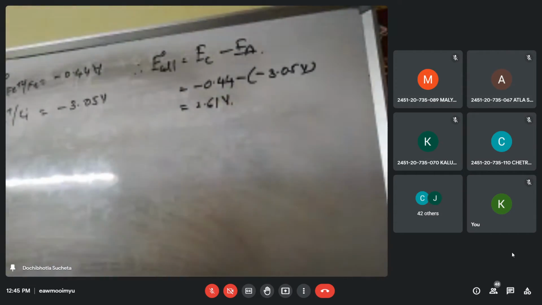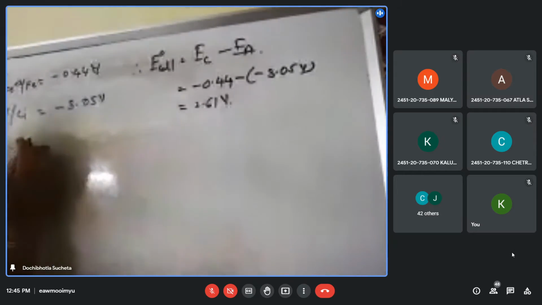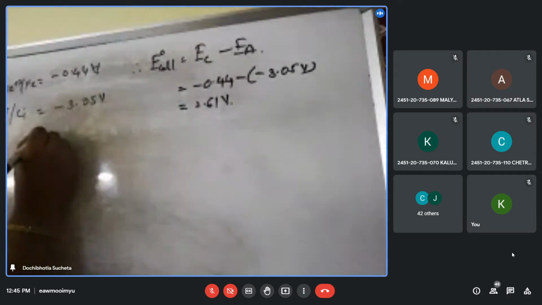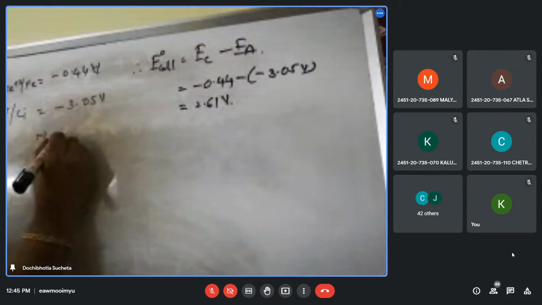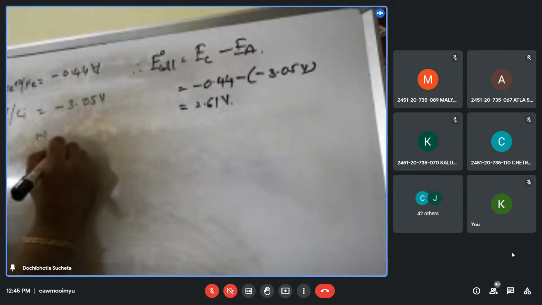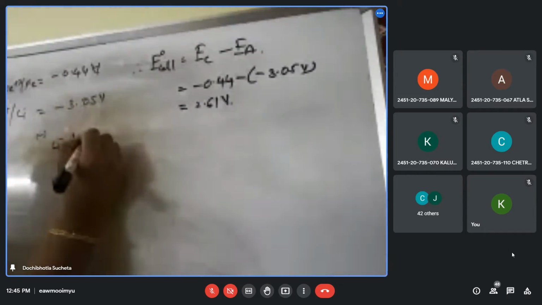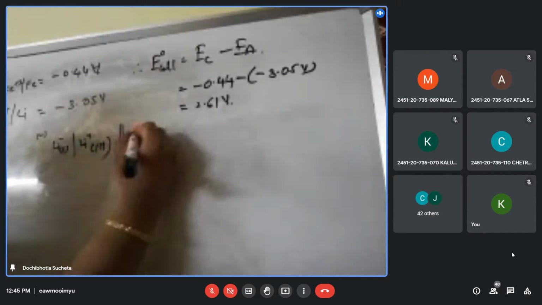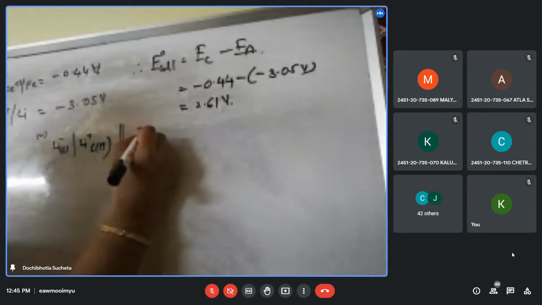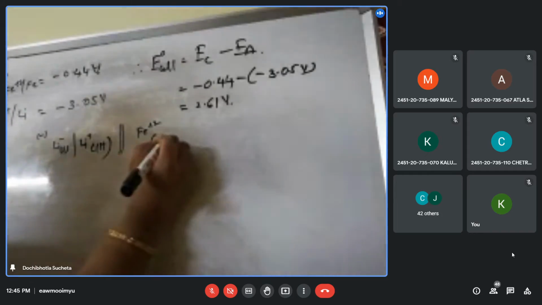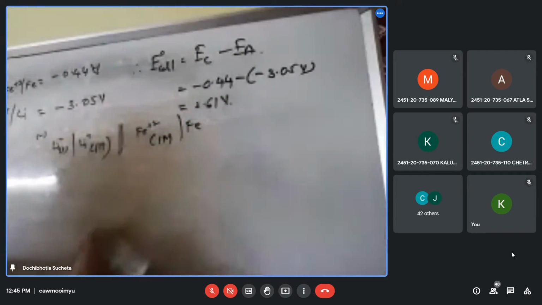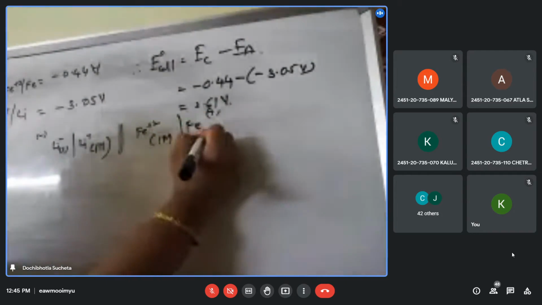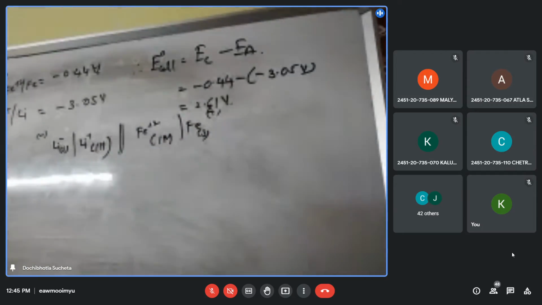Okay. And how to write the cell representation? Minus Li solid slash Li plus 1M double slash iron plus 2 1M slash iron. This is going to be positive. This is solid. That's a cell representation.